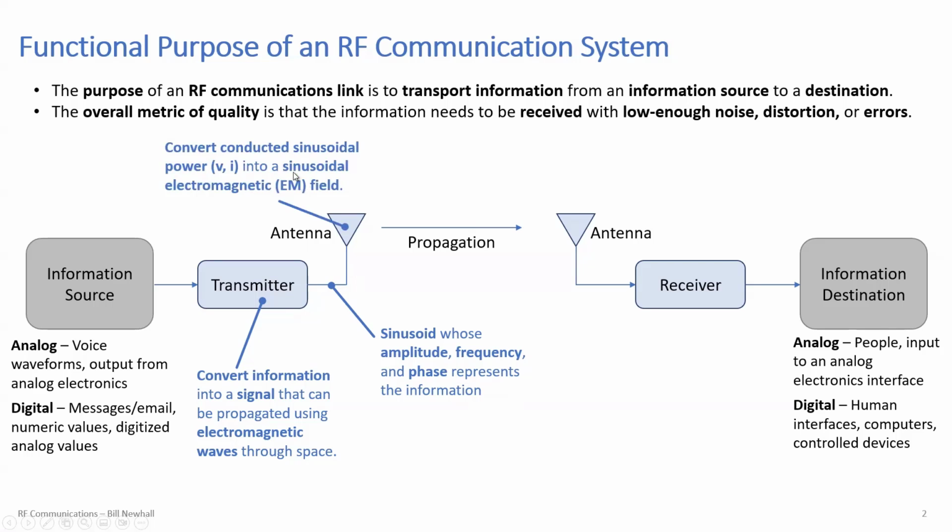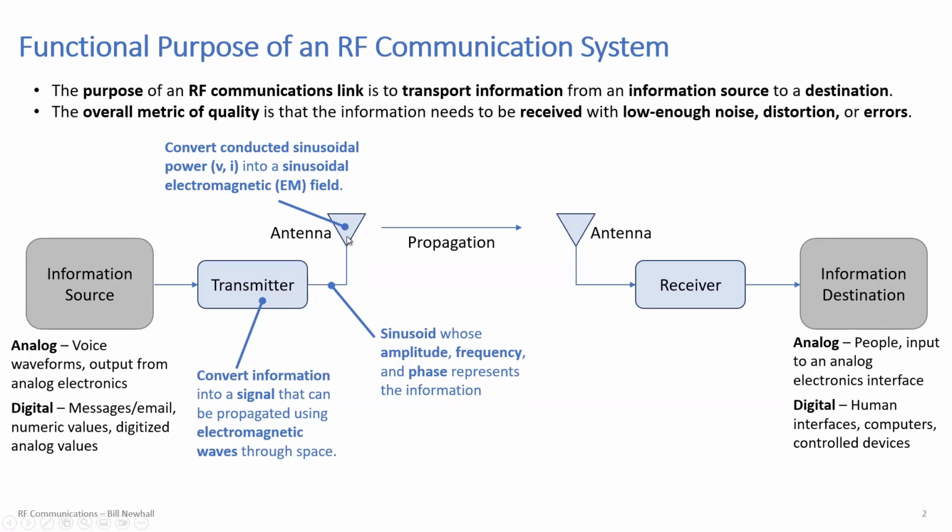And then there's an antenna to convert the conducted signal power. So I'm drawing this line here as a cable. So that's conducted information. It means there's a voltage and there's a current, that's power, delivered to that antenna.